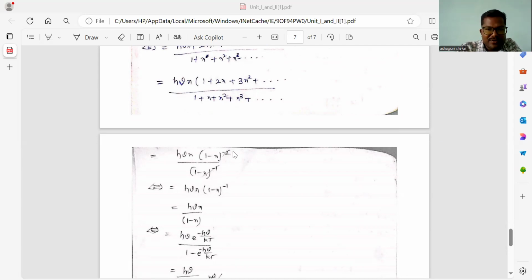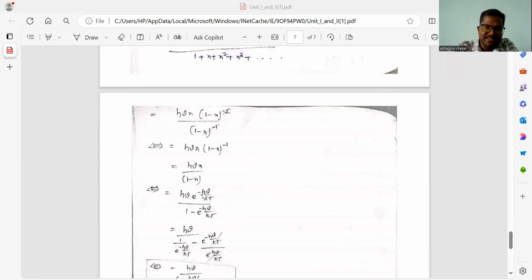So the minus 1 and minus 2 get cancelled, and we get minus 1. Moving to the denominator, 1 minus x whole power minus 2 plus 1 equals 1 minus x whole power minus 1. So h mu x by 1 minus x.